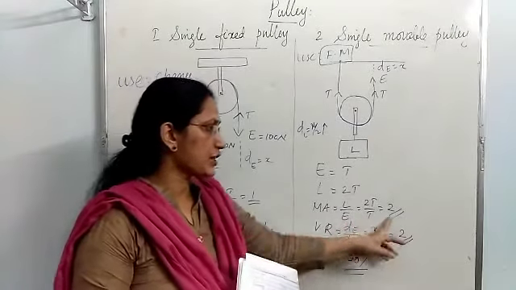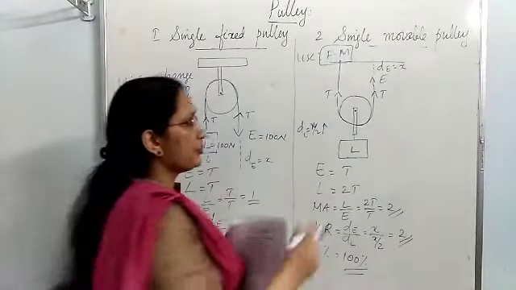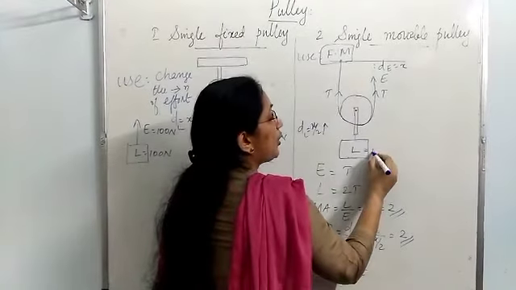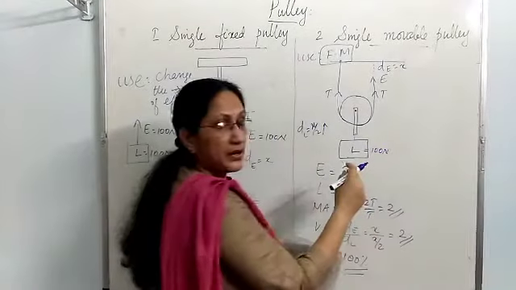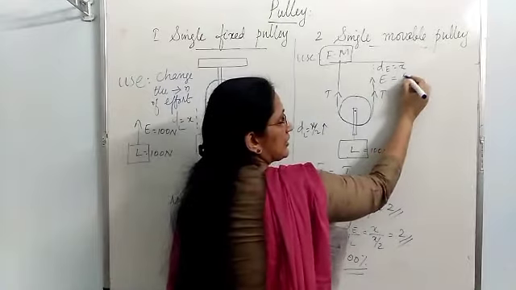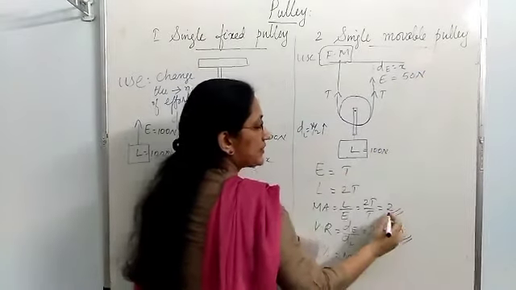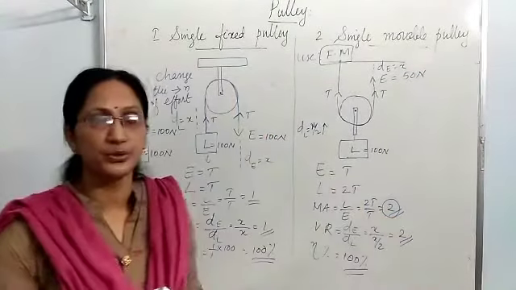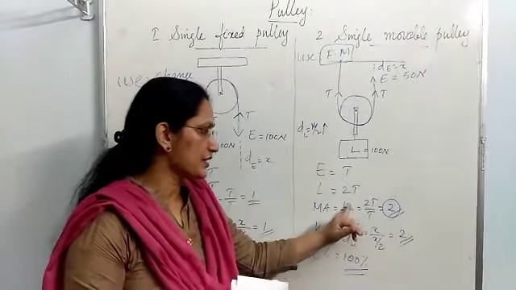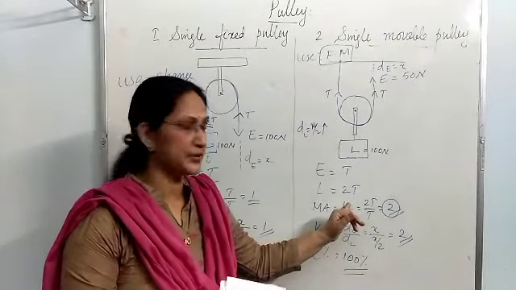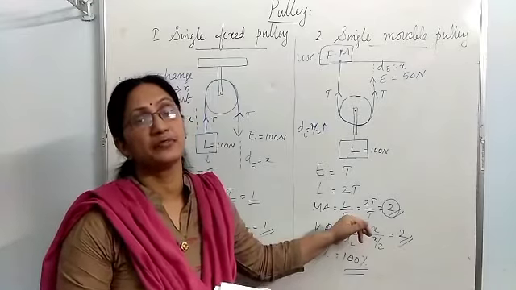Its MA is equal to 2 means how much is the load you have to lift. For example, 100 Newton, the effort needed is only 50 Newton. That is the meaning of MA is equal to 2. How much is the load to be lifted? Its half is the effort required.